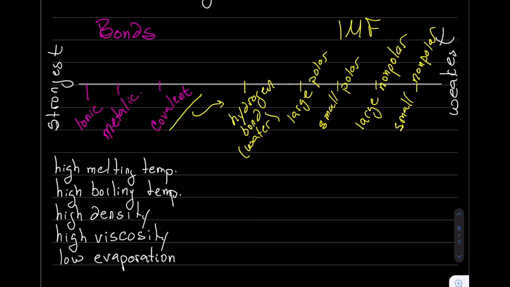No, low evaporation rate because it has a high boiling point.